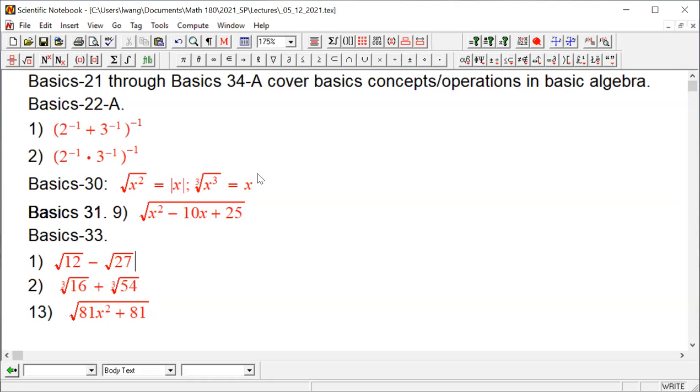When I was teaching calculus classes, I've seen so many basic mistakes at the pre-algebra level, and those are the places you lose points. It may be just 1 or 2 steps, the last few steps or the beginning few steps, and so on and so forth. So take your time to do that.